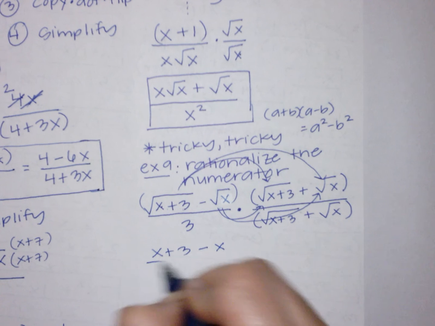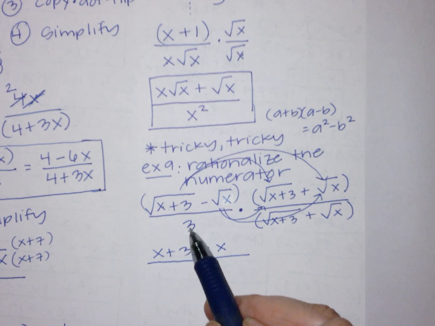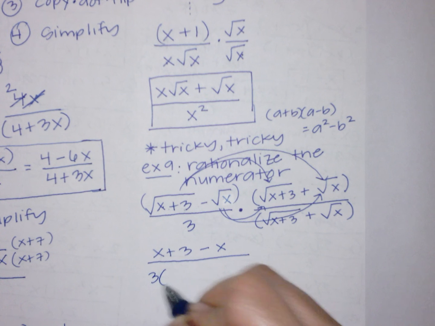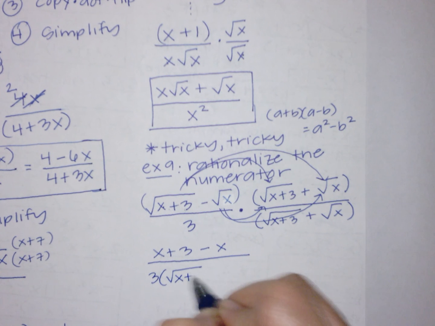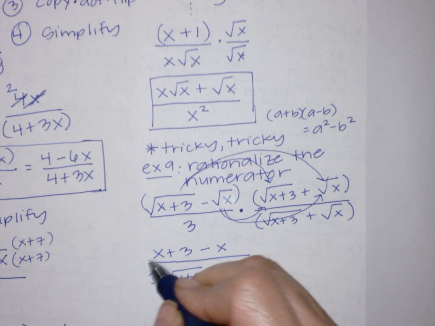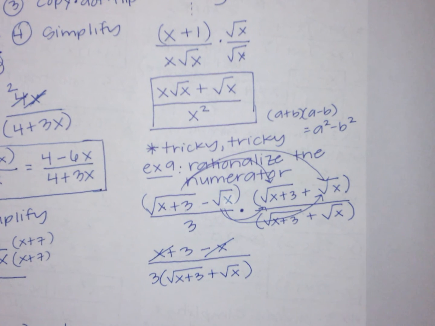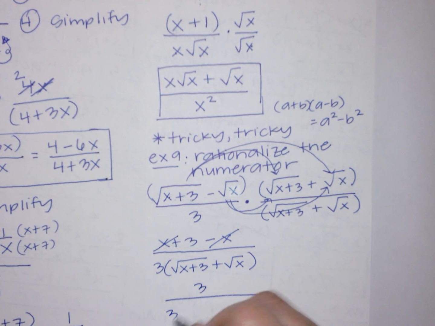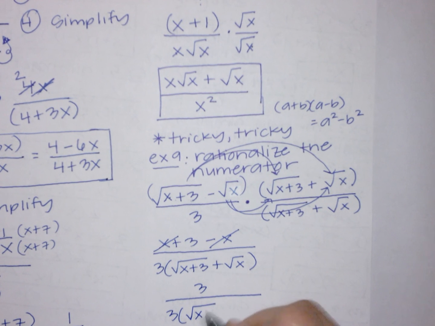Now here's the tricky part of this right here. Your gut is going to tell you to multiply that out in the denominator, but you are going to leave it in factored form anytime you're asked to rationalize the numerator. The reason why you're going to do that is because if you look at these problems, they're rigged so that what happens here is we have a common factor of 3.